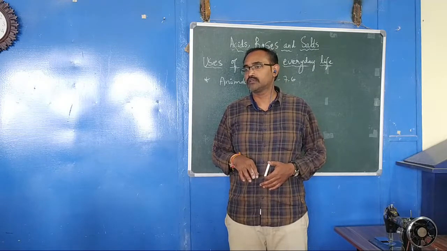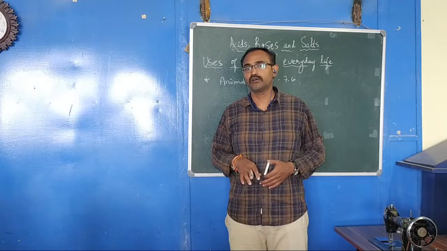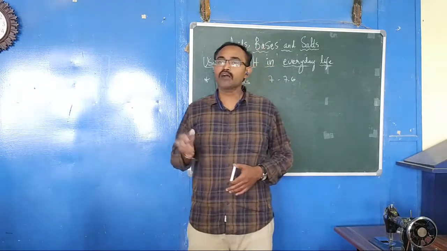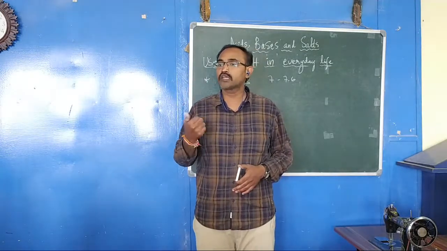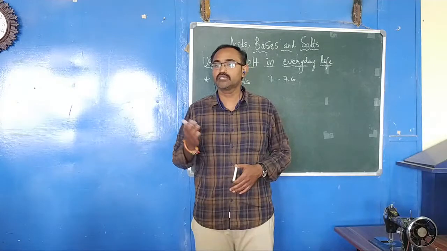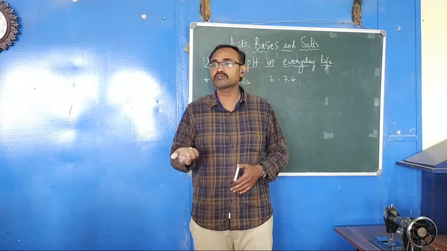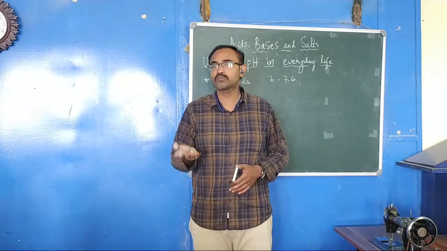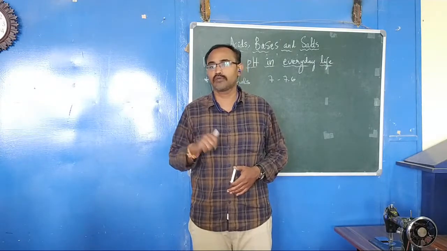Nitrogen gas. It is the oxides of nitrogen, not nitrogen. It is oxides of nitrogen and oxides of sulfur. The oxides of nitrogen may be nitric oxide or nitrogen dioxide, whatever it may be. So the oxides of nitrogen and oxides of sulfur are responsible for acid rain.